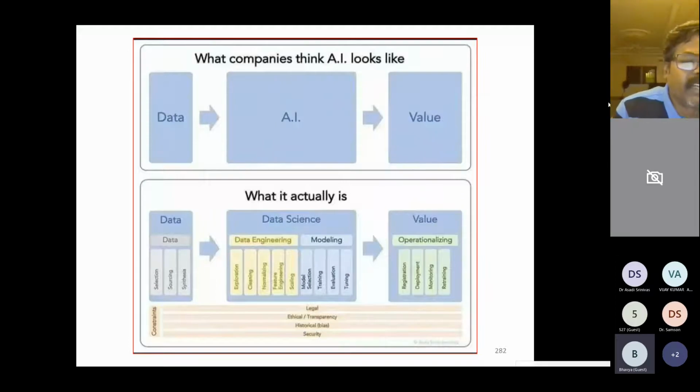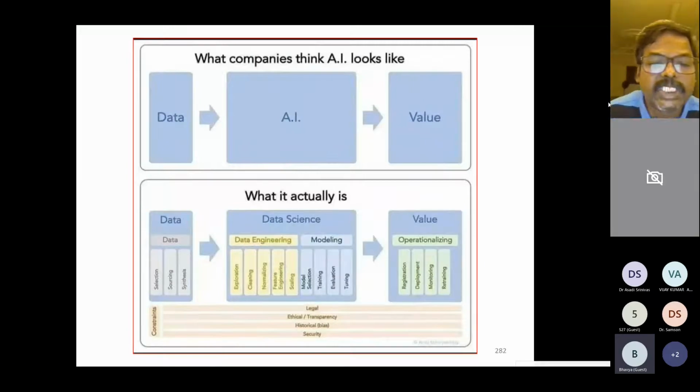What is meant by data? Data may be selection, sourcing, and synthesis. That is called constraints, based on the constraints. Then what is AI actually? It uses data science, data engineering, modeling.